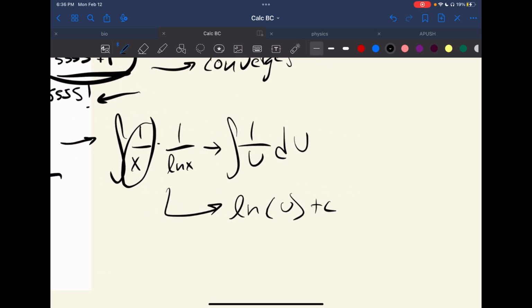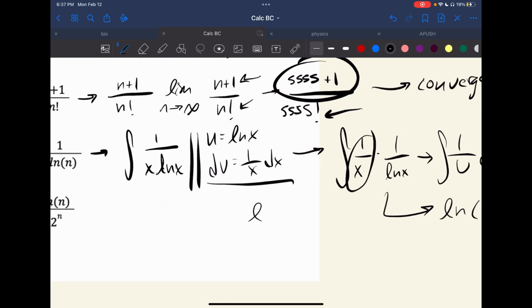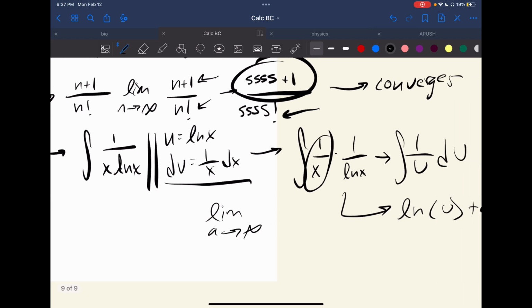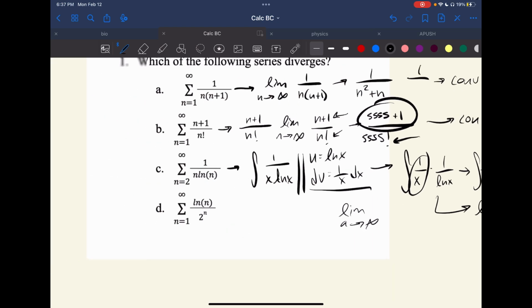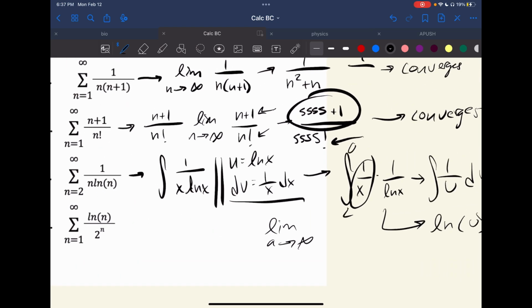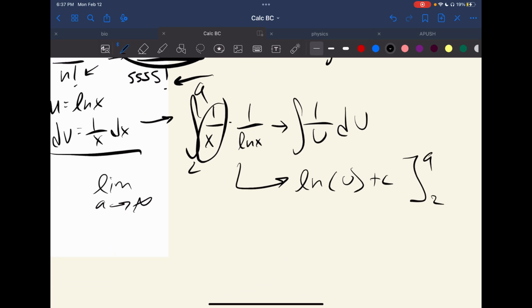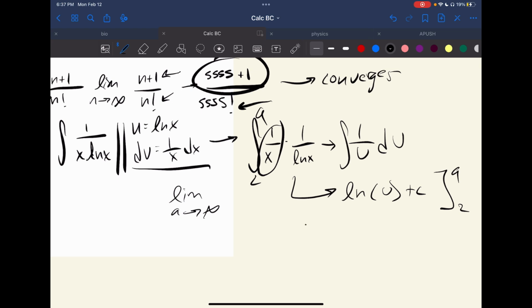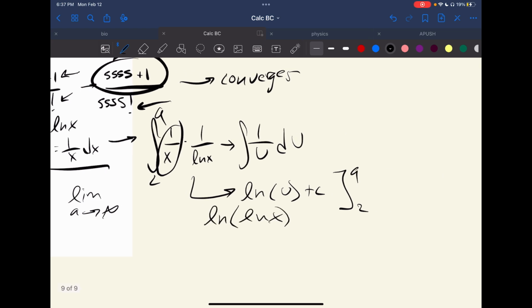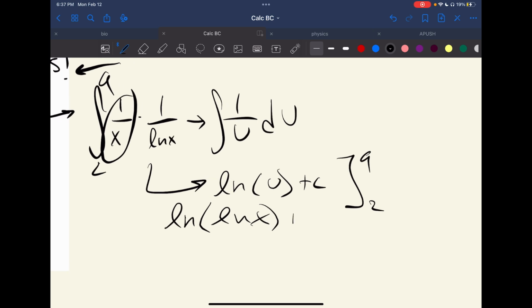But we have the bounds, I forgot to add. Limit as a approaches infinity, we're going from 2 to a. And then we can plug back in u, so natural log of x plus c from 2 to a.